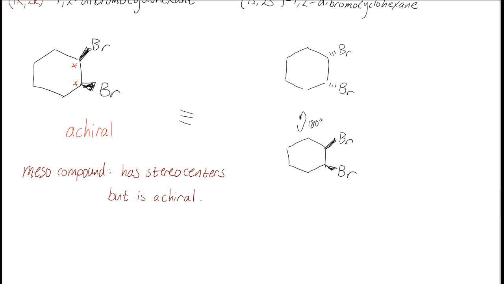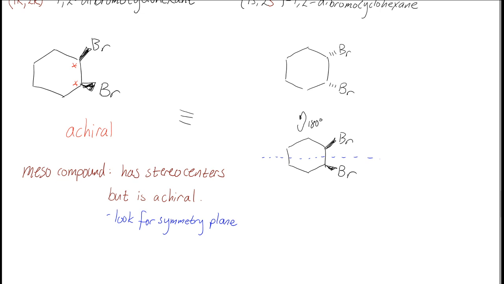And there's a relatively easy way to check for these things. The way to check for it is to look for a plane of symmetry inside the molecule. If you look at this molecule, you can imagine cutting it in half and having mirror symmetry on either side.